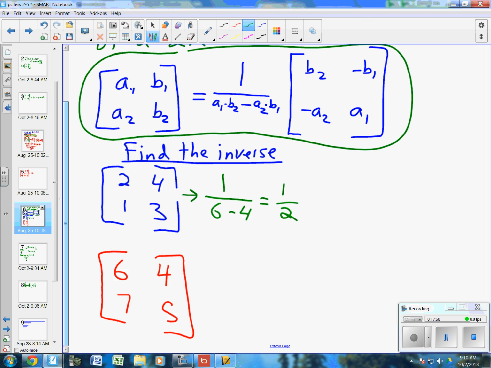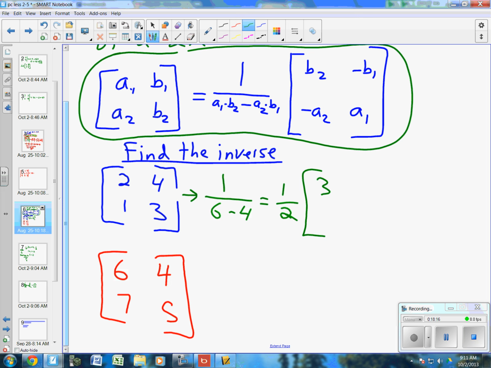We go 1 divided by the determinant. I am going to multiply that by, notice A1 and B2. What did we do with B2 and A1 right here? Here's A1, here's B2. Over here, it's B2 up here and A1 right here. What did we do? We switched them, right? So I'm going to take 2 and 3, and I'm going to switch them.